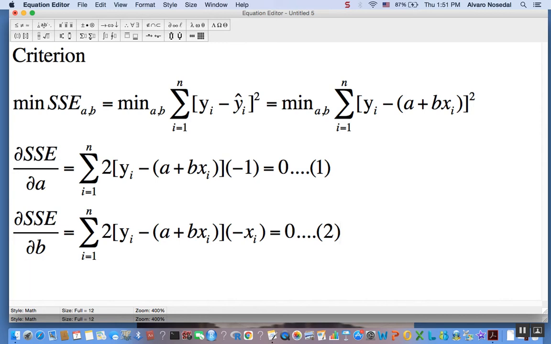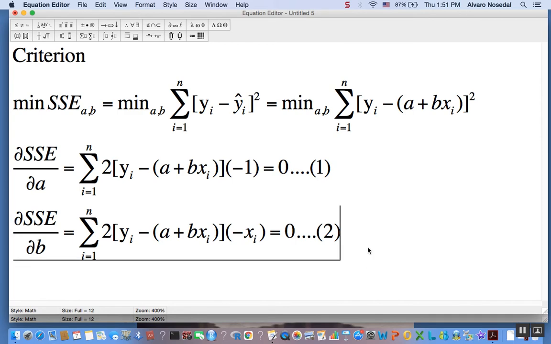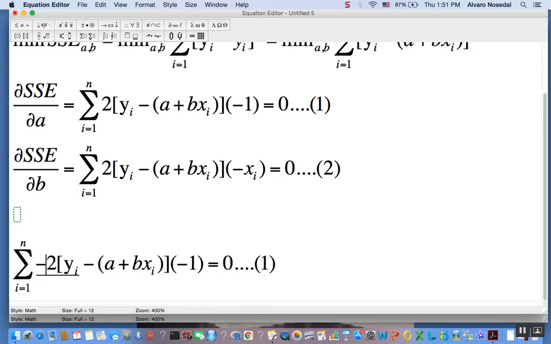So we are going to be solving that system, but before we do that, how about we try and simplify these equations a little bit more, okay? So let's play around with the first one. This is the same as -2 times this, right? These two equations are equivalent.